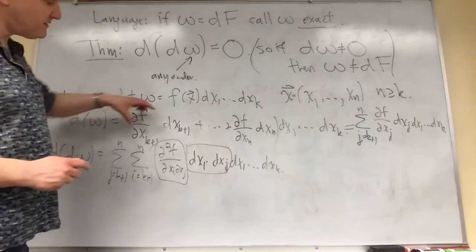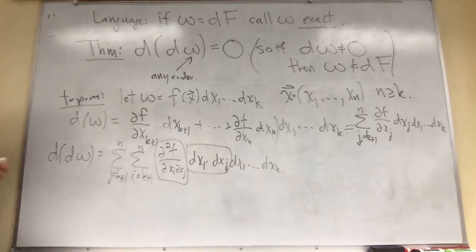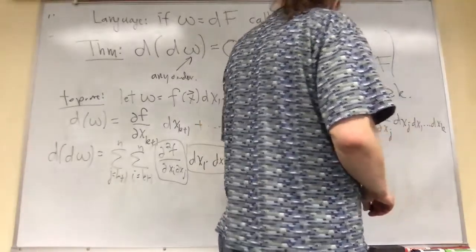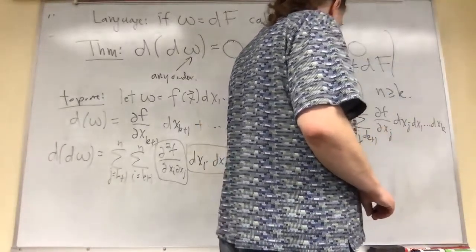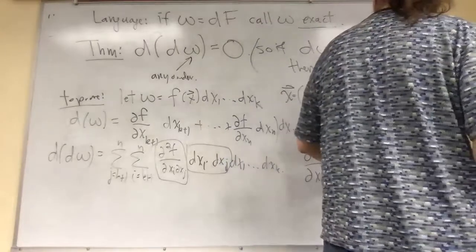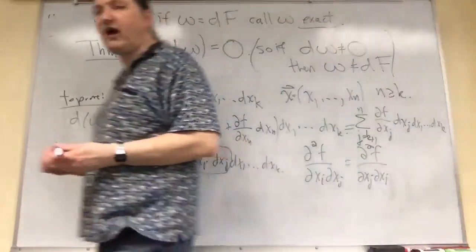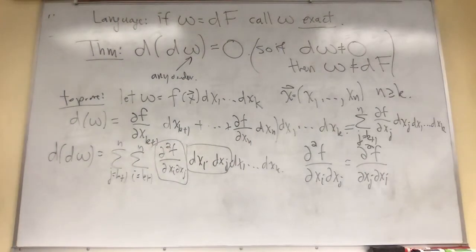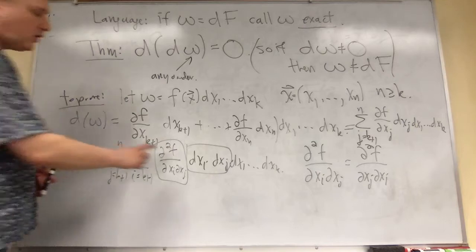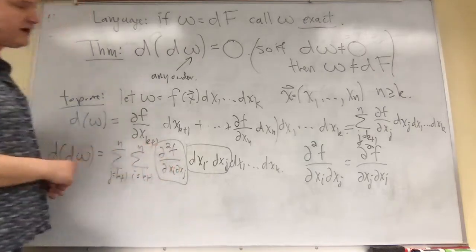The other thing that happens is two things happen here. One thing is, I hope you remember from Calc 3, that del f del xi del xj is equal to del f del xj del xi. Mixed partials are equal, which was a nice thing there. It didn't matter what order you did those in. So we have two coefficients here that are equal depending on whether we choose i or j first.